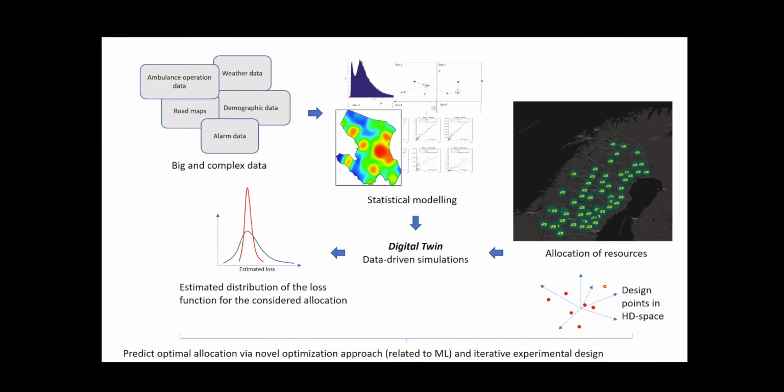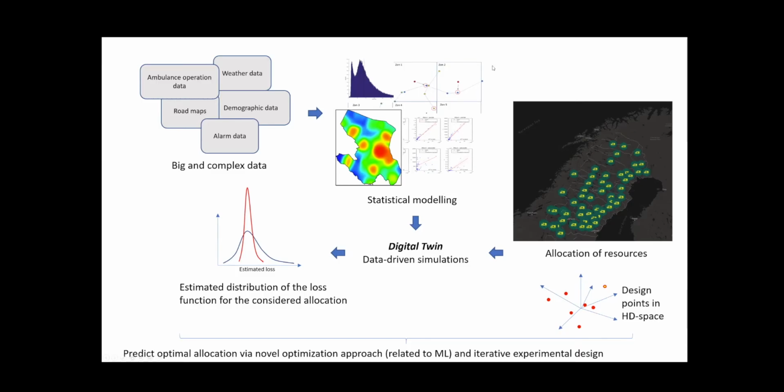The whole idea here is that we try to use this data to model different parts of the pre-hospital chain. For example, one thing we need to do is to model the spatial and temporal distribution of the alarms. We need to model the driving times, and so on. This is, in a way, traditional statistical modeling. This allows us to simulate data in a realistic way.